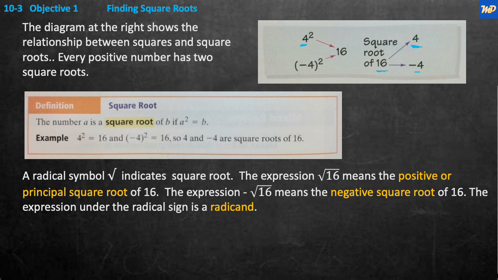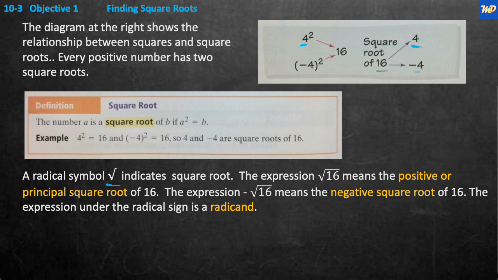A radical symbol, which we've seen again. Now here it is, another picture of it. A radical symbol indicates square root. The expression, the square root of 16, means the positive or principal square root of 16. The expression negative or minus the square root of 16 means the negative square root of 16.